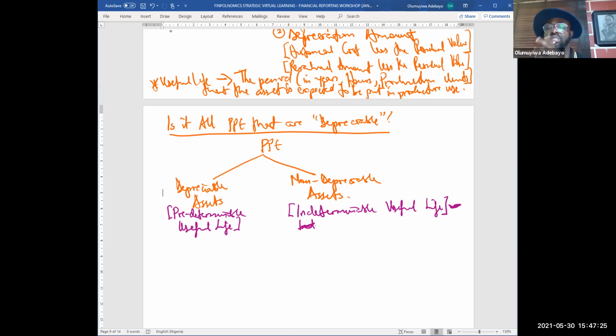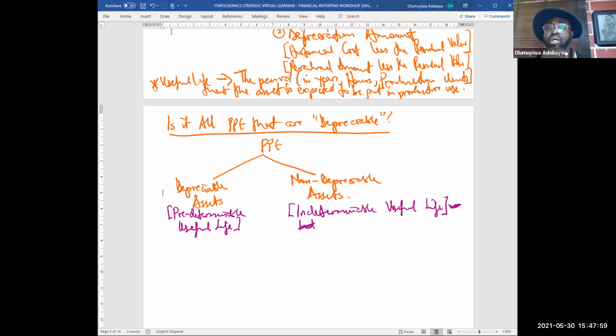But what they could have is what we call indeterminate useful life, which speaks to the fact that such an asset is such that you cannot, on the basis of judgment, experience, or historical data, be able to estimate the useful life. And a typical example of such is land. Okay, land is a non-depreciable asset in most jurisdictions.